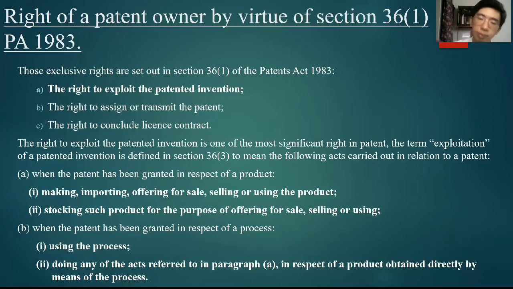If the patent is regarding a process, then using the process or doing any act referred to in paragraph A is prohibited as well. So no matter whether it's a product or a process, a person who does not have the patent ownership would not have the right to exploit the patent. These are all the rights of the patent owner, and we already discussed how to determine the ownership. So thank you.